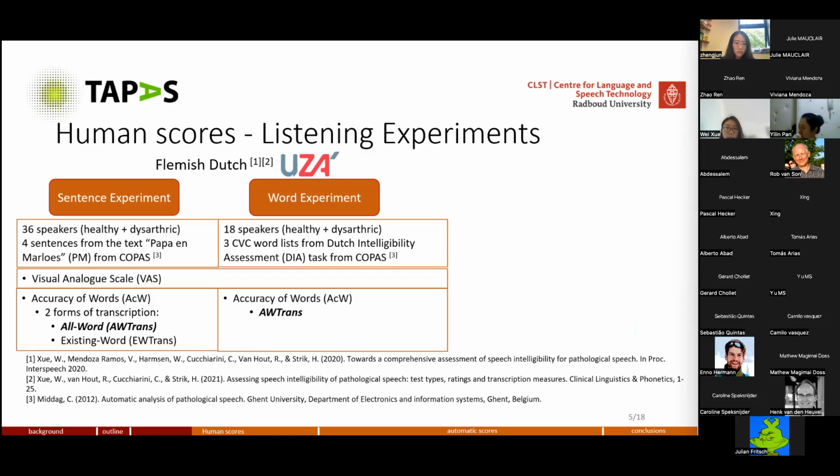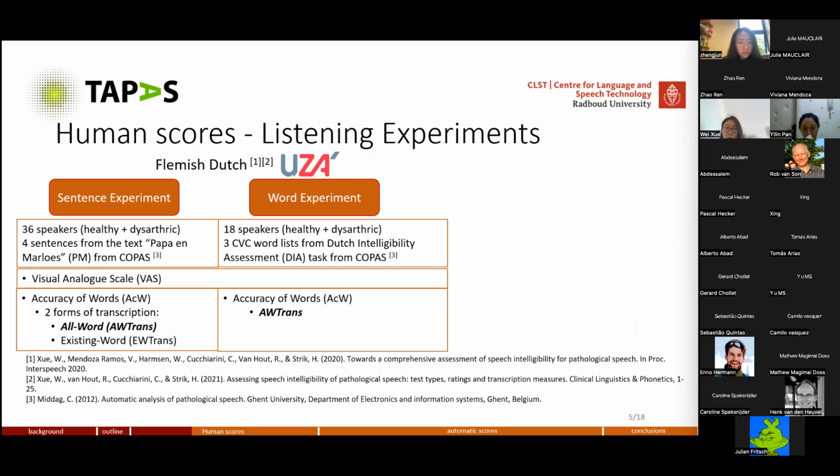I compare that to the commonly used one, called EW trans, short for existing word transcription, which allows only existing words. You may see that I only applied AW trans in the word experiment. This is because the word list contains pseudo words, so we thought it's not reasonable to apply the EW trans.